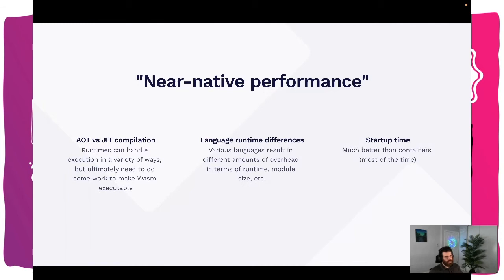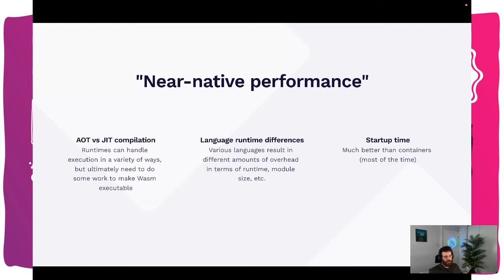So, consider ahead of time compilation, where the WebAssembly runtime will take the entirety of your WebAssembly module and compile it to machine code before beginning to actually execute the code, compared to just-in-time compilation, where pieces of the WebAssembly code will be compiled as they are needed, which is somewhat more similar to how JavaScript is usually compiled in a web browser, for example. Ahead of time compilation will often give you better performance for programs that are running for long periods of time.